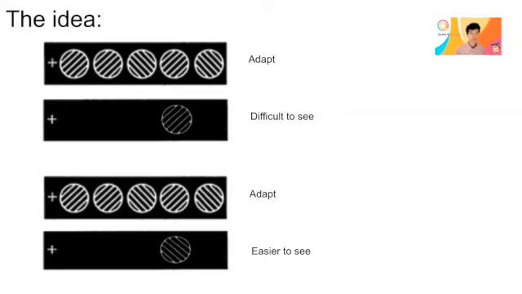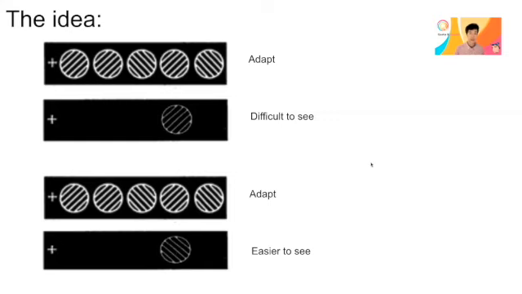So I don't know if that worked or not for you, but the idea is that if you fixate on here for a while, and then you are shown this target that is the same orientation as the adapted grating, then it would be more difficult to see compared to a different orientation grating at the same location.